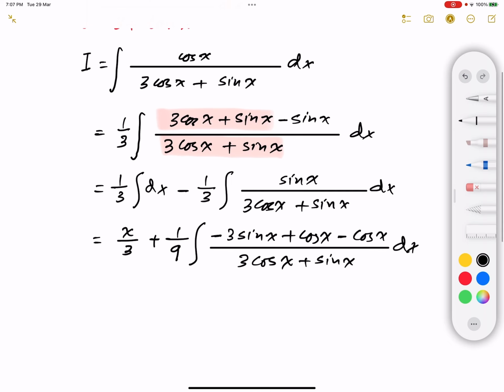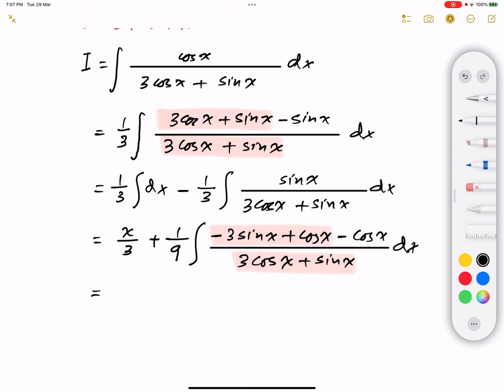Okay, now you can notice, guys, that this part here is the derivative of the denominator, so we can split the numerator over the denominator. So the first part would give us the natural logarithm of the absolute value of the denominator, right?